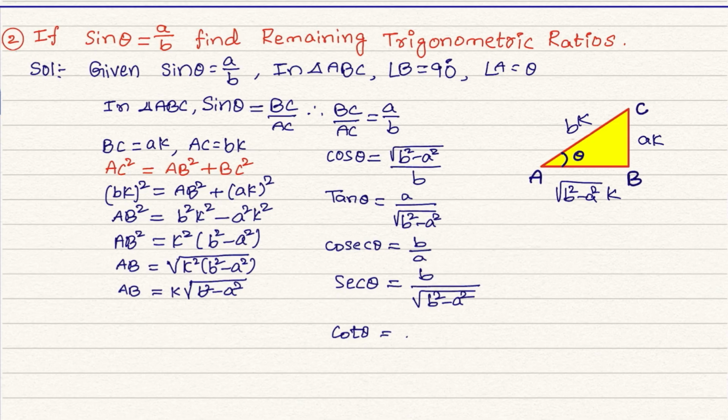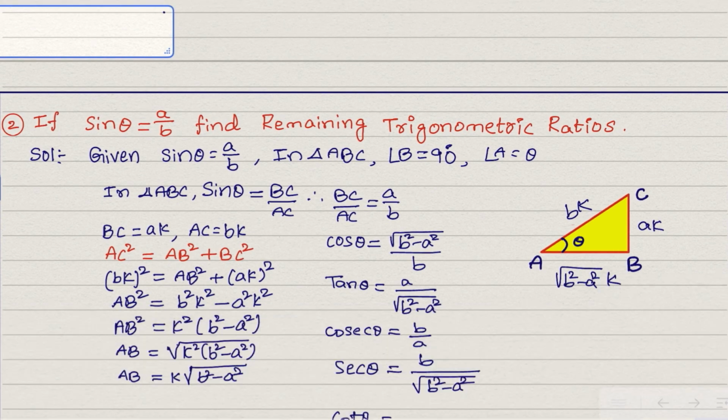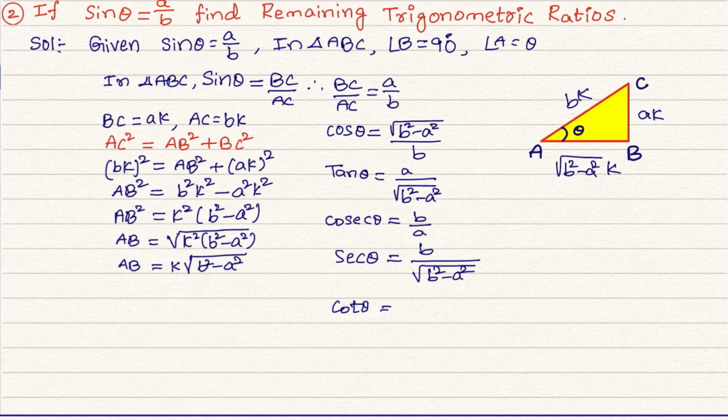So cot theta will be root of b square minus a square by a. In this way we can find out all the remaining trigonometric ratios even if it is given a by b instead of numbers. Hope you understood this problem.